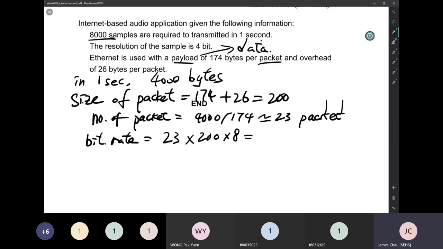Because you have 23 packets, and each packet occupies 200 bytes. Each 1 byte equals 8 bits. Therefore, it gives you 36,800 bits per second. Okay.